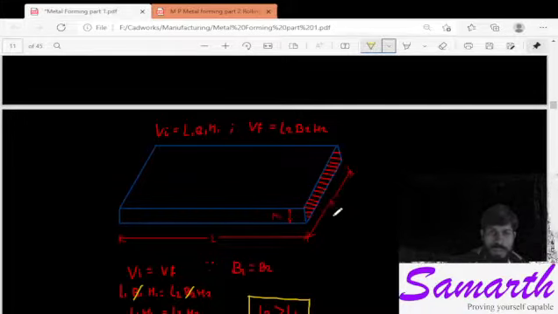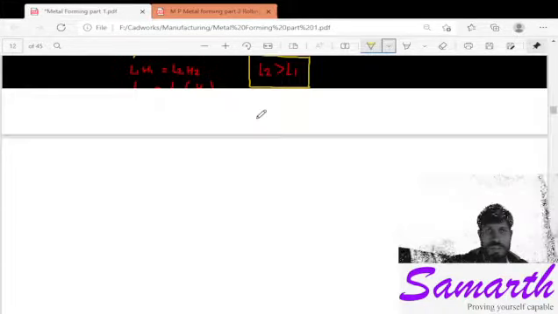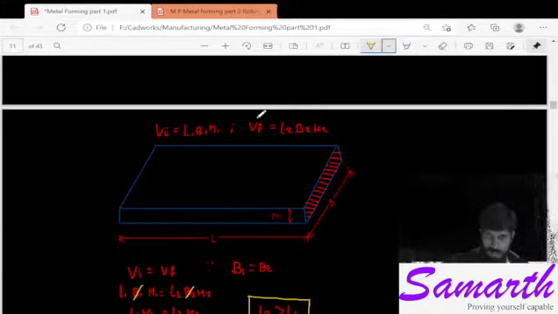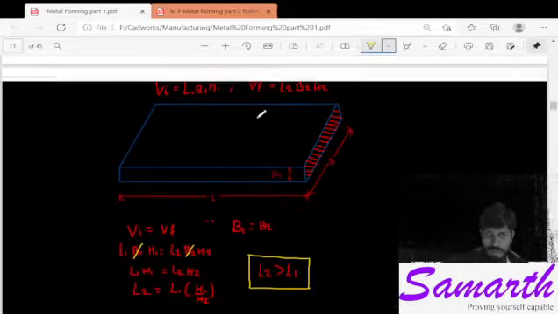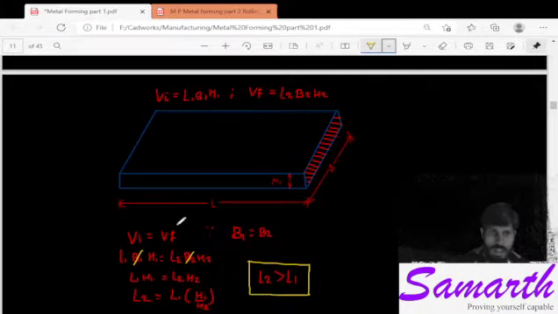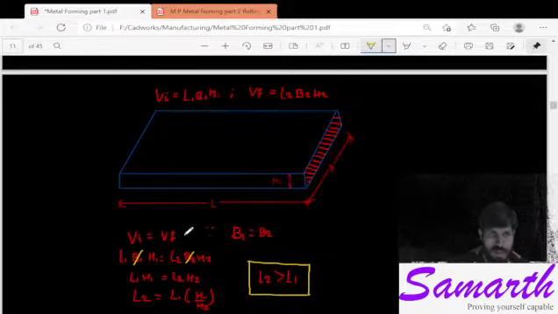Like here, W is the width, H1 is the height. Initial volume and final volume will be the same. So you can see here V1 equal to V2. You know that volume is length into breadth into height. L1 B1 H1 is equal to L2 B2 H2.